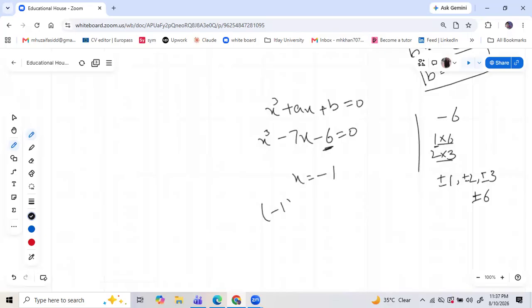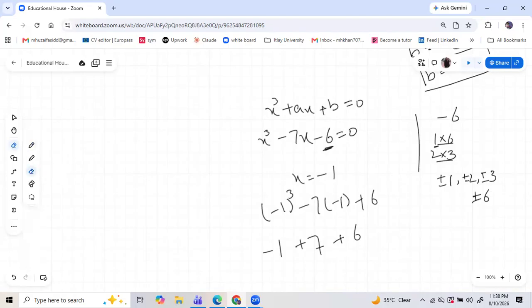Now we put minus 1 cubed, then 7 into minus 1, and plus 6. Sorry, here we are making a mistake, because this is minus 6, we put plus 6. So it gives us plus 6, it gives us minus 6. So this is equal to 0.